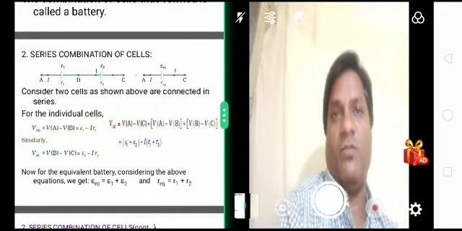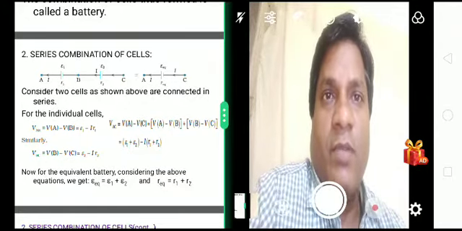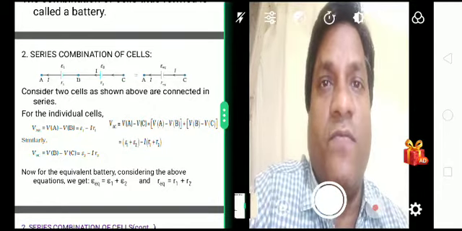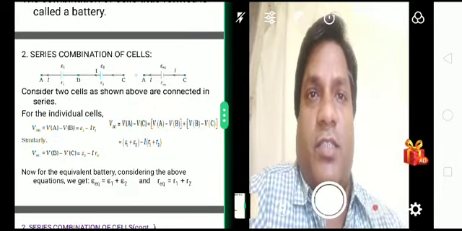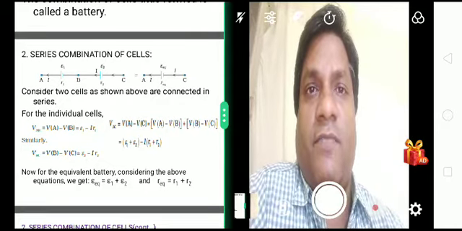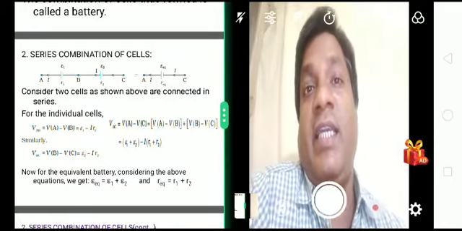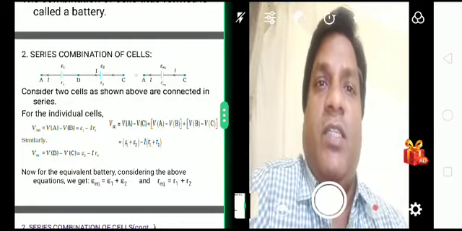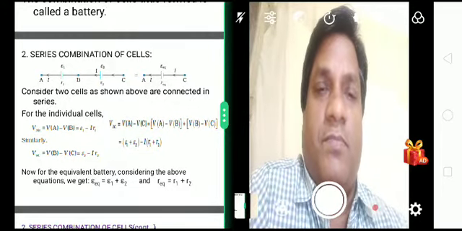So let us find out, if two cells are connected in series, then what will be the EMF and internal resistance of the battery so formed. So for the individual cells, say the first cell, the terminal potential difference between A and B is VA minus VB, which is equal to EMF E1 minus I into R1.